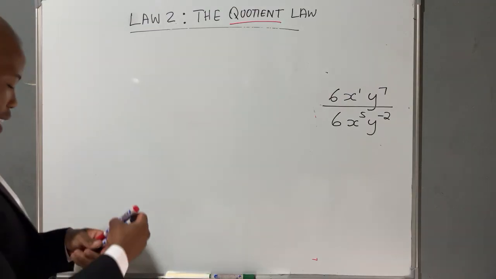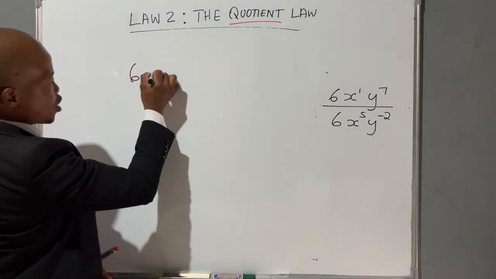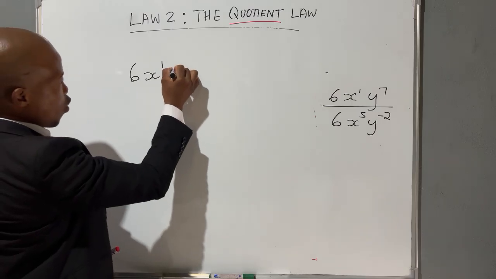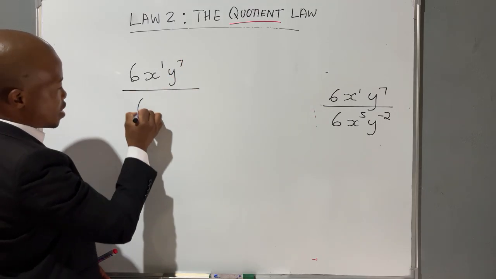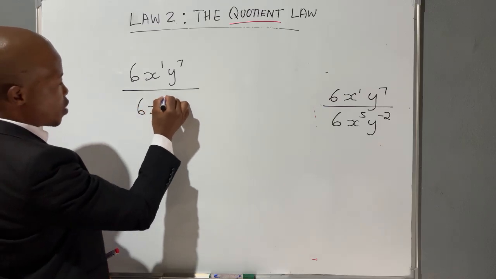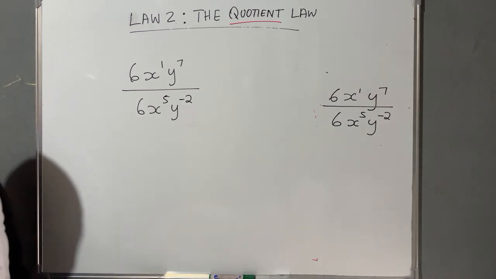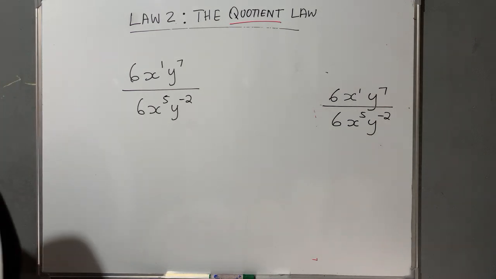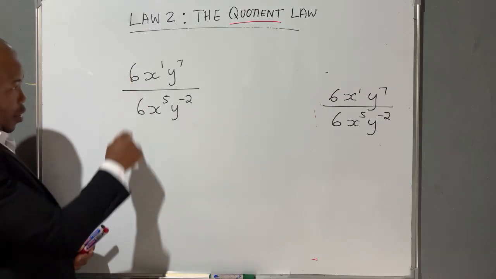You have 6x to the exponent 1, y to 7, over 6x to the exponent 5, and then y to negative 2. Are we together? Remember this one here.